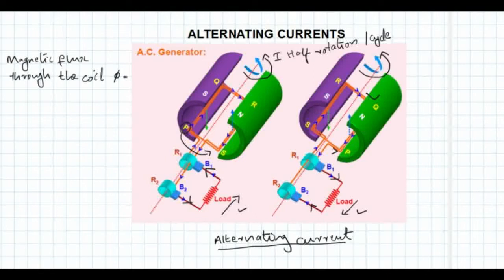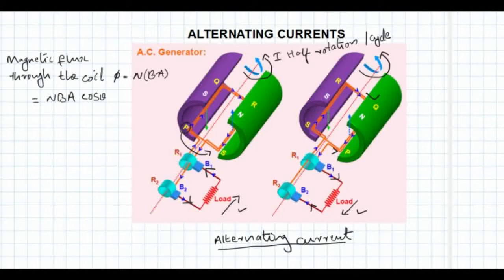Then in the previous class we learned the magnetic flux through the coil. The magnetic flux through this coil will be what? Phi is equal to NBA, where N represents the number of turns, B is the magnetic flux density, and A is the area of the coil. So it is N into B dot A, and that is equal to NBA cos theta.